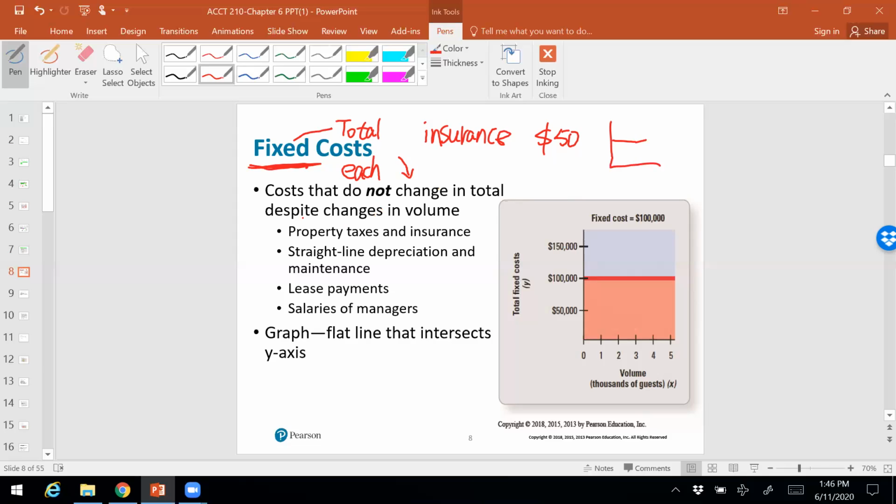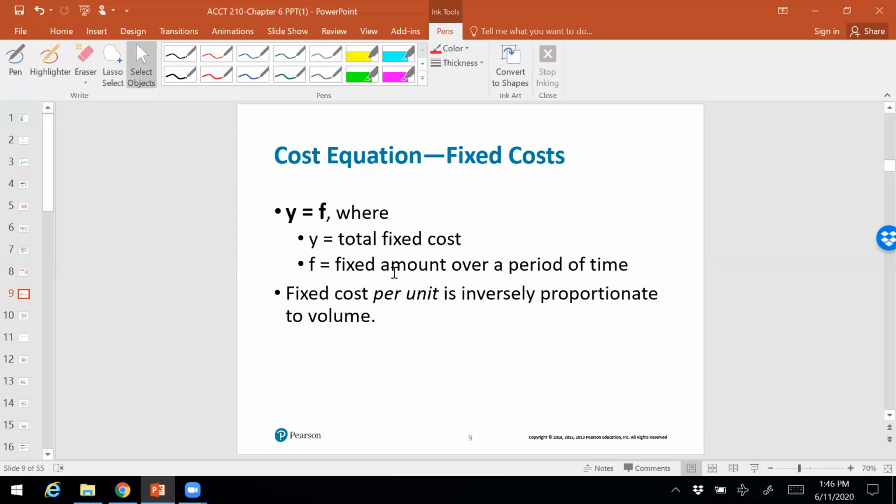So let's look at some characteristics the textbook gives us. You want to first know the equation is y equals F, where F is the fixed cost. We said per unit cost will decrease when the volume increases because the logic is straightforward.